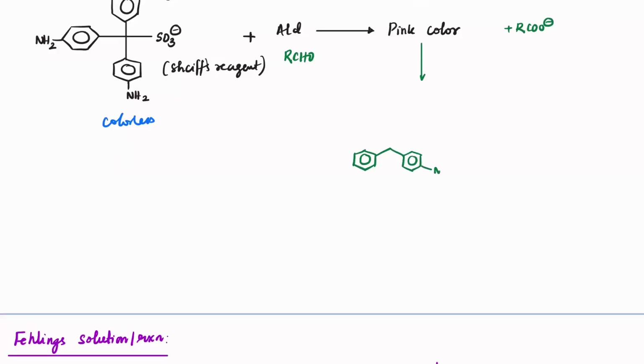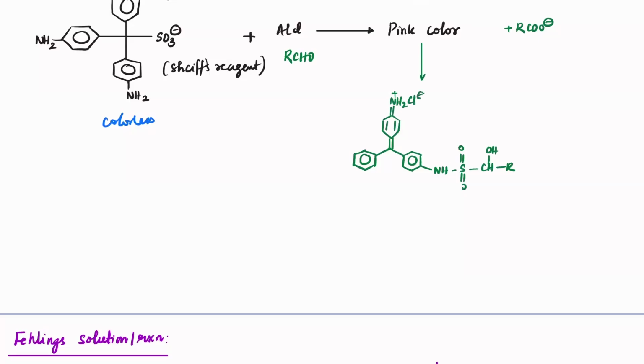So here we'll have NH with S double bond O double bond O, CH, OH, R. And here I'll get a double bond connected with this benzene like this, with NH2 plus.